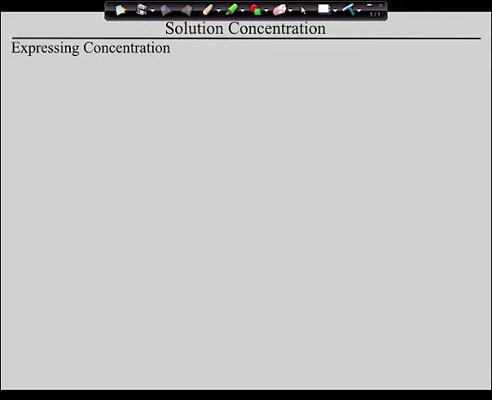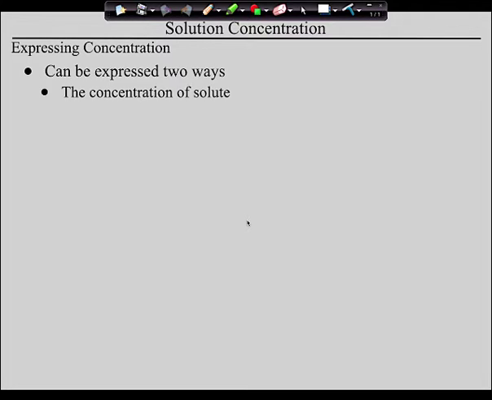Okay, so guys, we're going to deal with this conceptually, and we're also going to deal with it mathematically. So let's talk conceptually first. This ties back to the conversation that we had a few minutes ago about what happens when things dissolve in water. When we express concentrations, we can do it one of two ways.